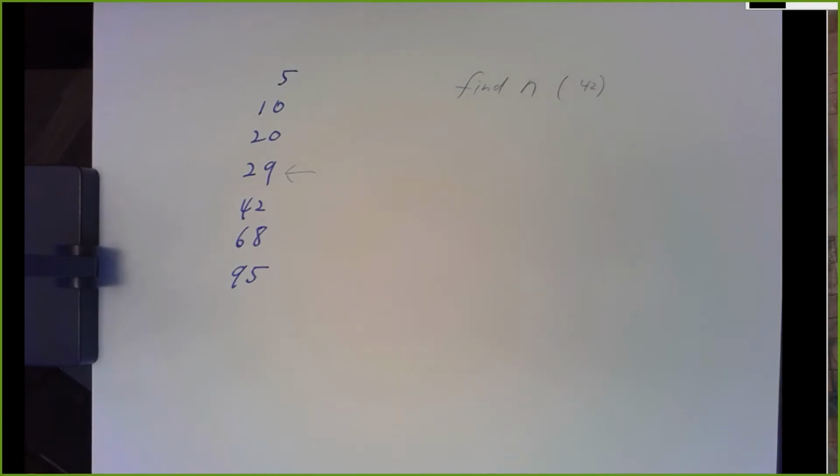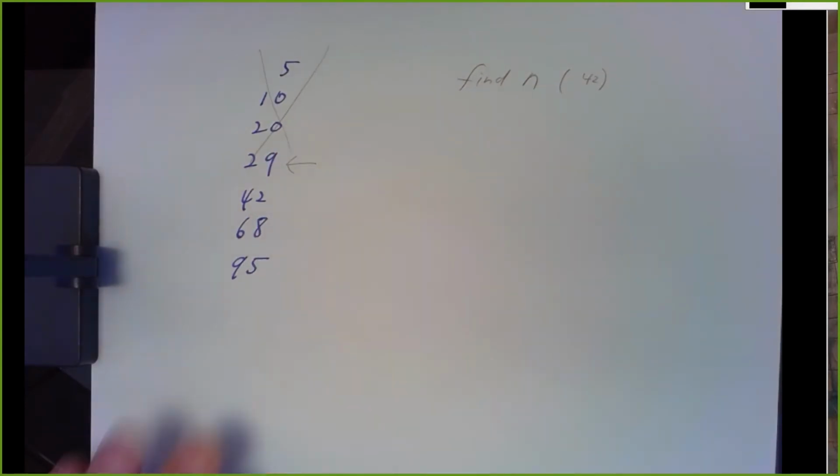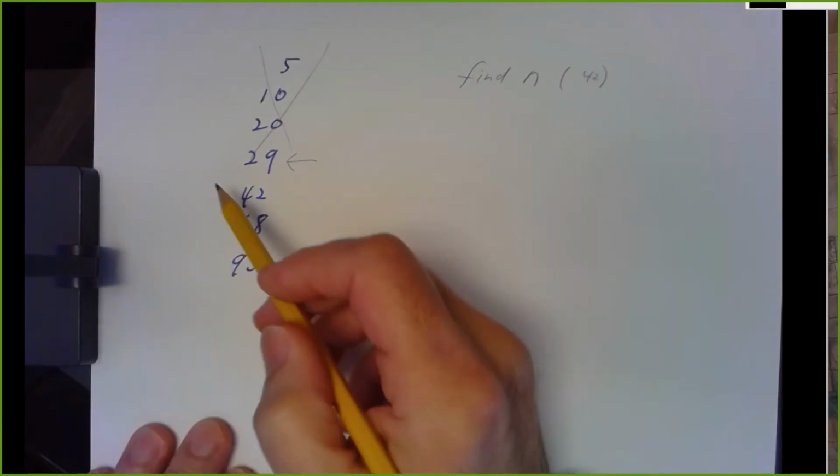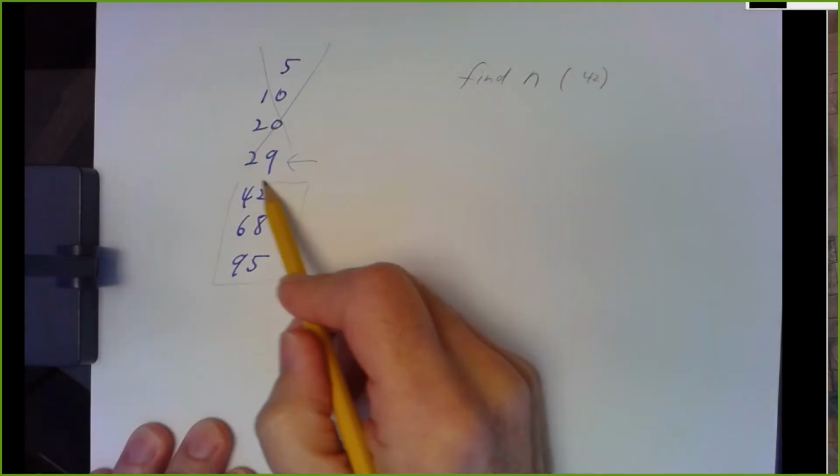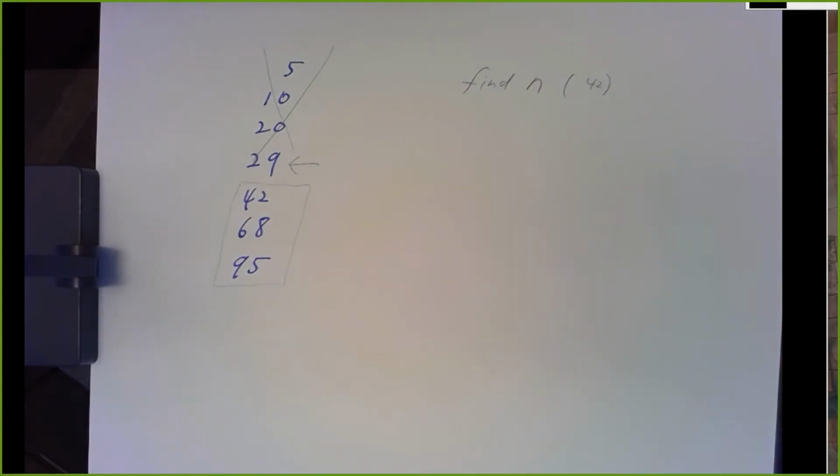All right, 29 is smaller than 42. Right away, we can ignore half of our array. And now we have to search this smaller array for a 42.